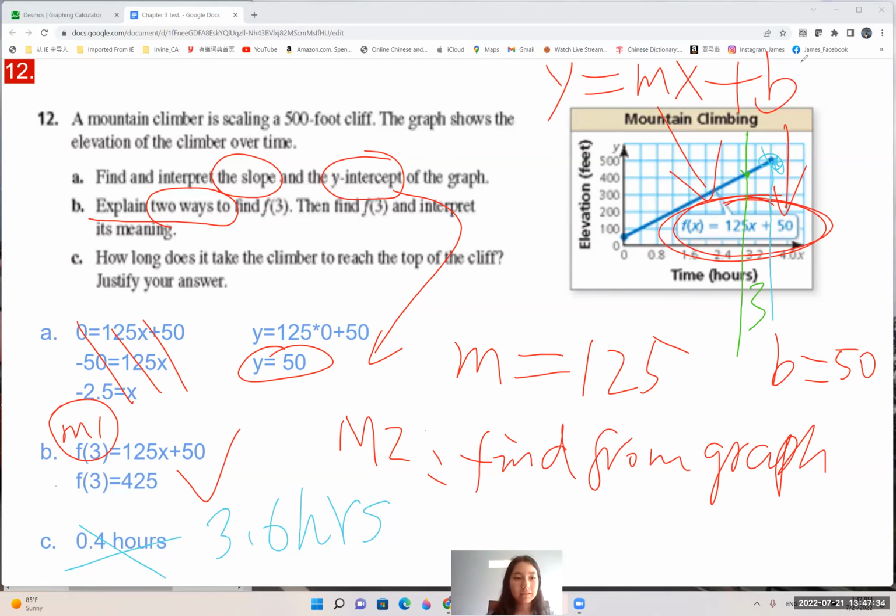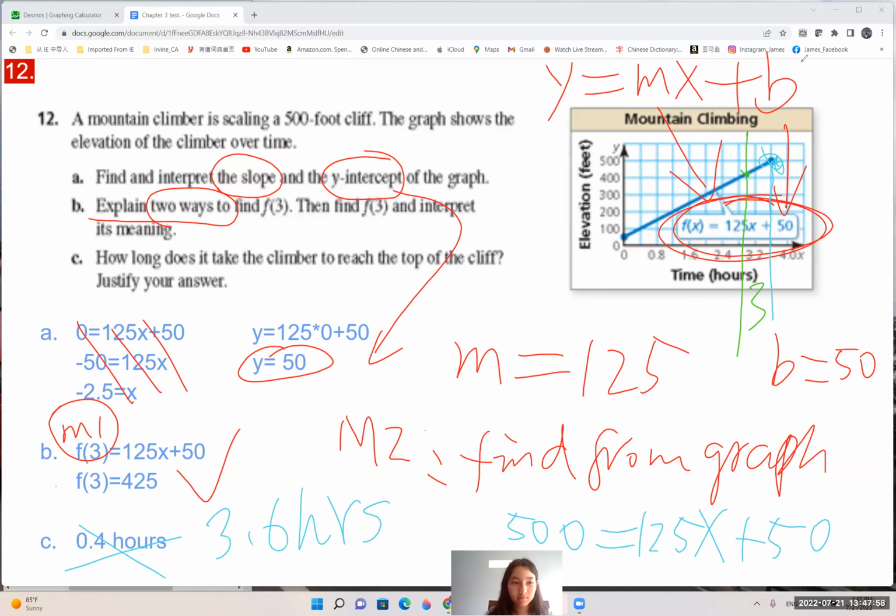Yeah, another way is you can make use of the equation. That means that the top is 500 feet. Then you let f of x equal to 500 equal to 125x plus 50.